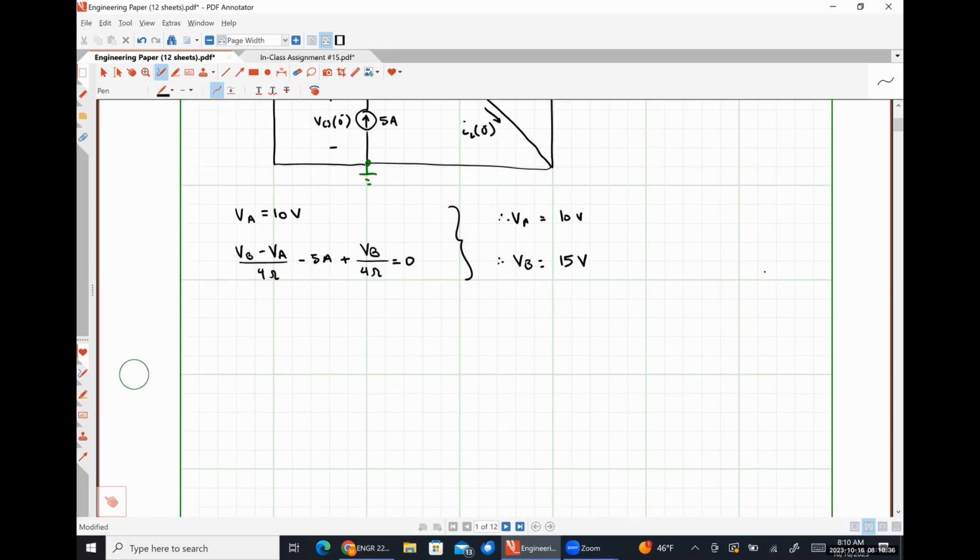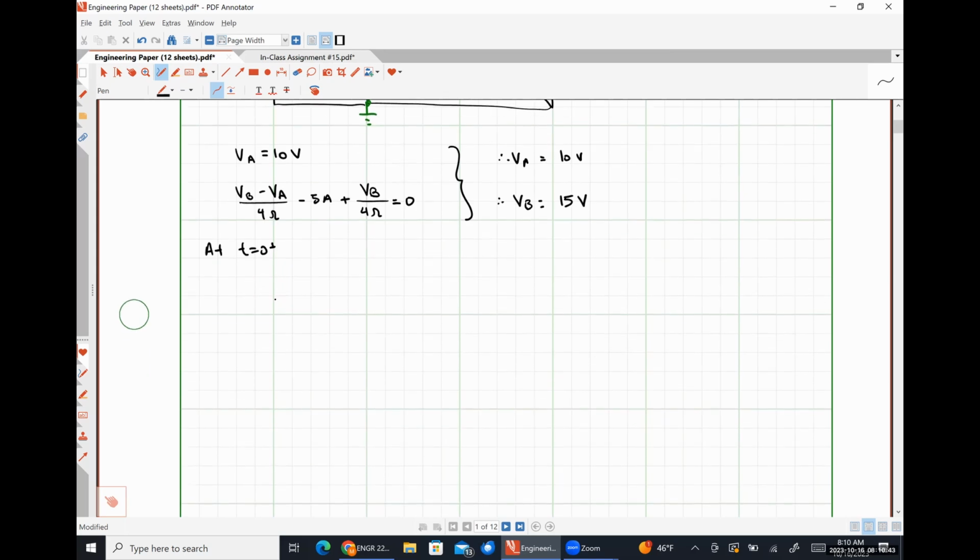So at t is equal to 0 plus, our switch is now going to be closed. So I'm redrawing my circuit.